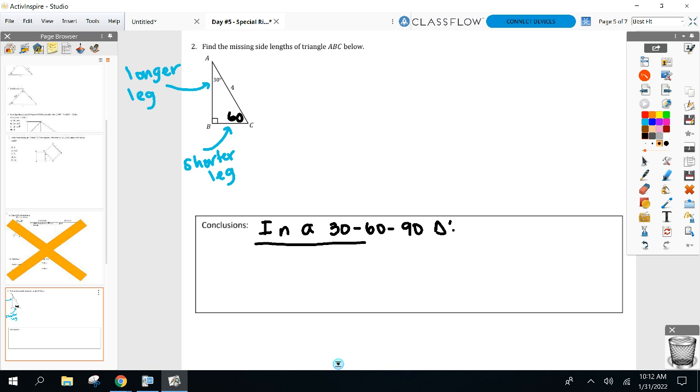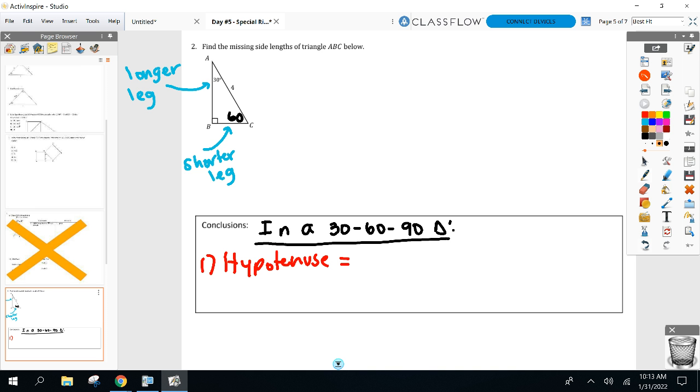Ready? The hypotenuse. Now, hey, this is where it's going to start getting a little crazy because remember, the only thing you know for hypotenuse is leg times radical 2 from the 45, 45, right?